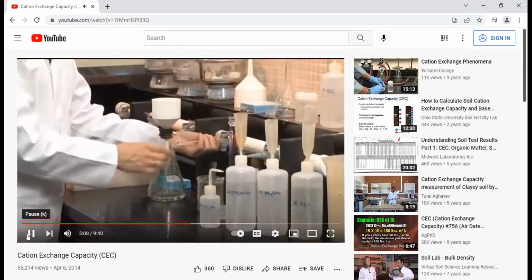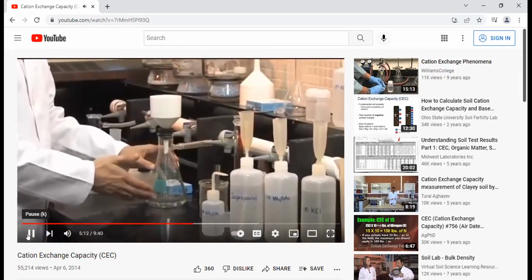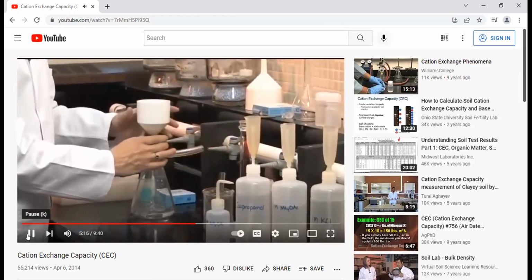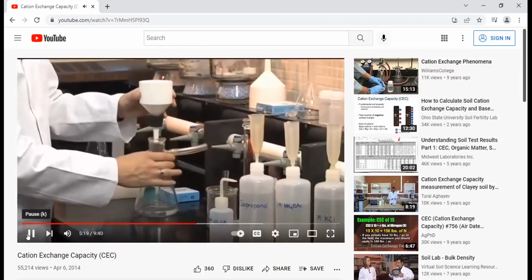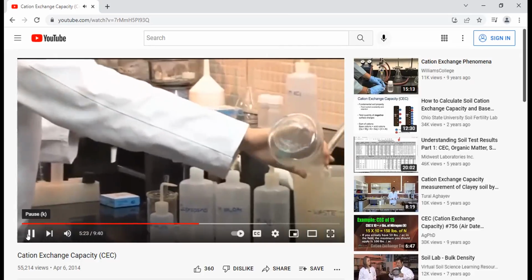So we want to discard this bottom solution because today we're not going to measure for any specific cations. So we'll just disconnect the flask and dump out what's left in the bottom.